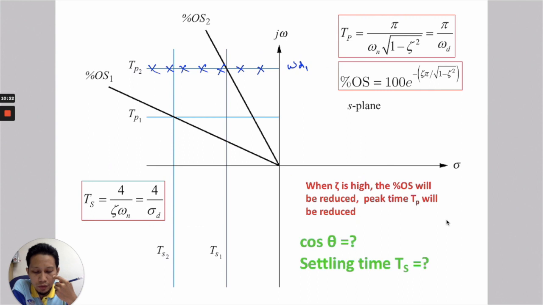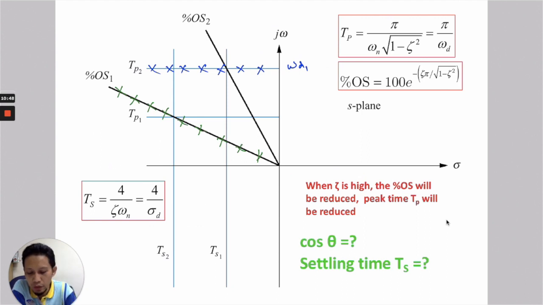Likewise, if we have poles along this ray line here, we can say that all these poles have the same percentage overshoot.